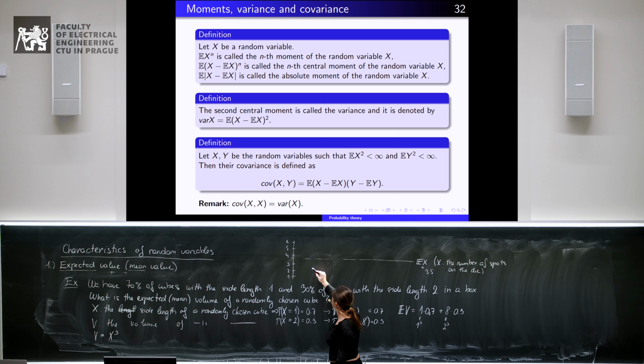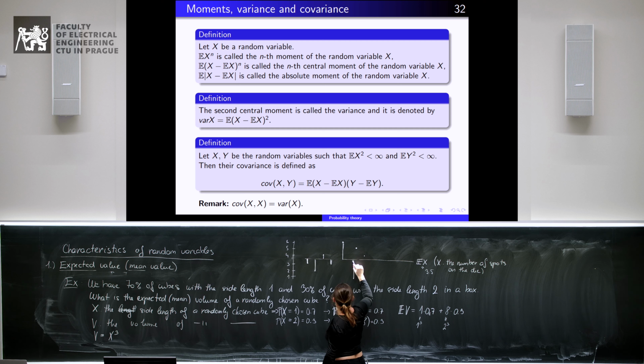So we threw the die and we obtain 3. Throw the die, we obtain 2. Then we have 4, then we have again 3, then 6, then 1, 5, 4, and so on. For each trial, or for each result of the trial, we look to this distance.